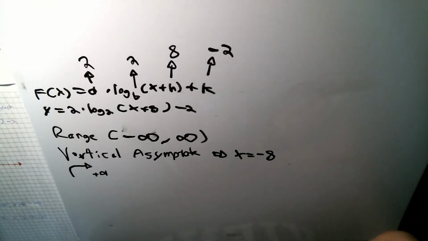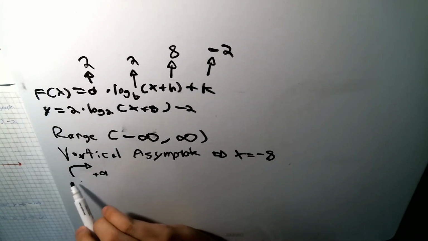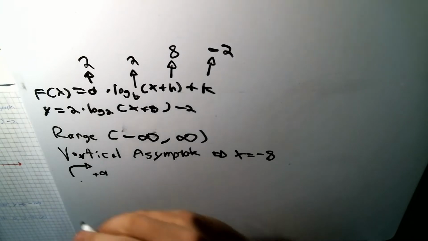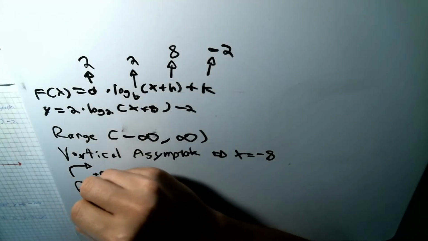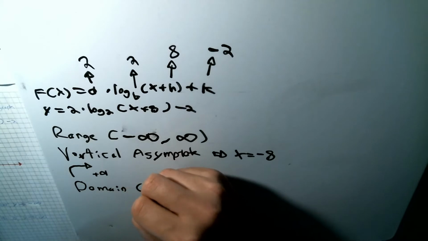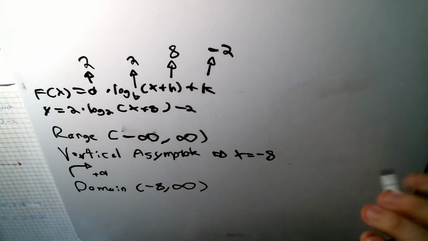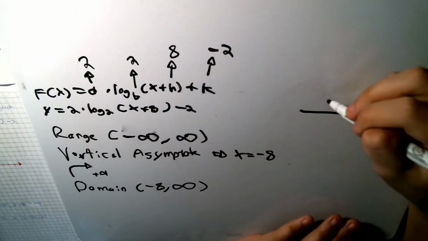Because the vertical asymptote is x equals minus 8, and the graph goes like this, we know that the domain of the function is minus 8 comma infinity.